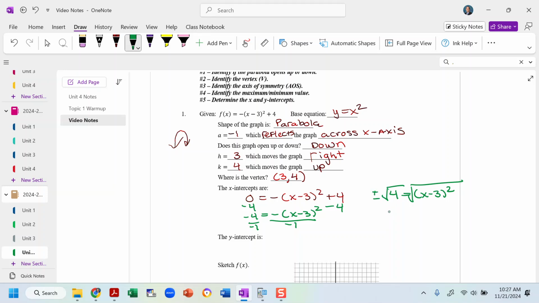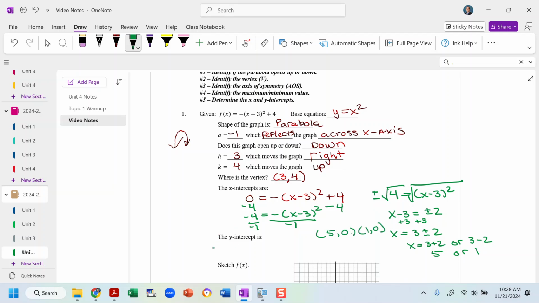So you get, I'm just going to switch sides, x minus 3 equals plus or minus 2. So you add the 3 to both sides, so you get x equals 3 plus or minus 2. So that means x equals 3 plus 2, or 3 minus 2, which means it's 5 or 1. So the two x-intercepts are 5, 0, and 1, 0.